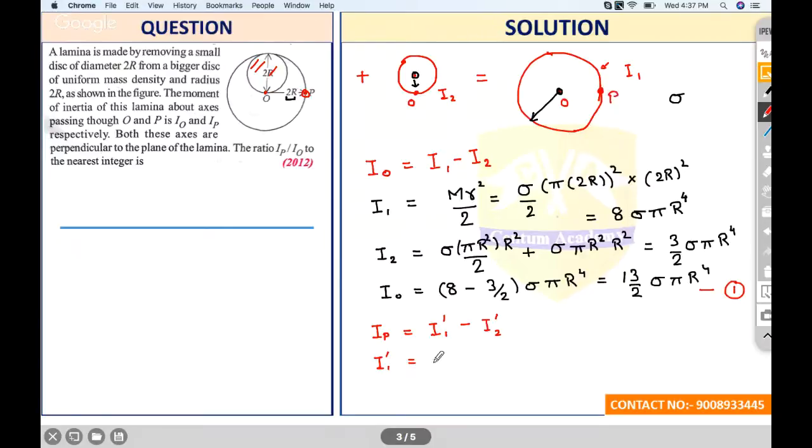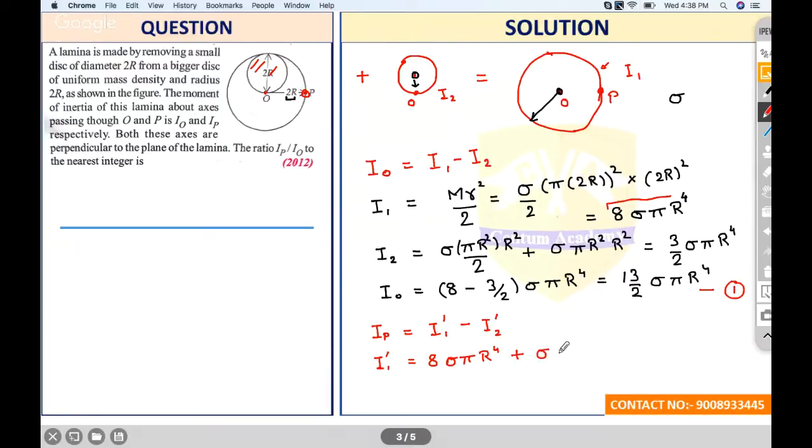This is P. So that is equal to I center of mass, which we have already found, which is 8 sigma pi r to the power 4, plus m into r square.